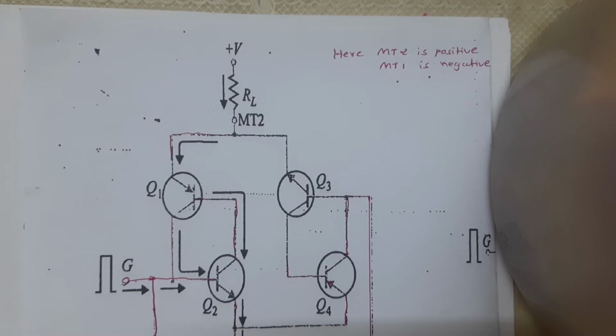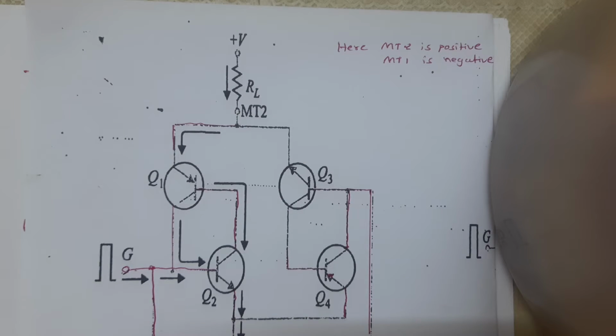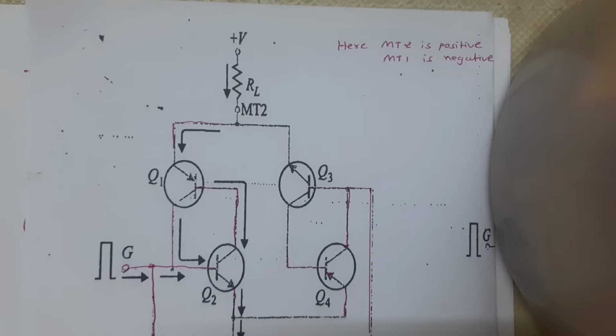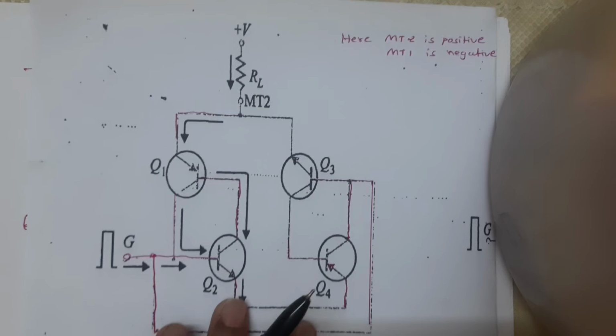Since a triac is equivalent to two SCRs connected in inverse parallel, as we already discussed in the last lectures in the initial introduction of the triac, it is built up with the help of two SCRs and each SCR is built up with the help of two transistors. So the transistors Q1 and Q2 constitute the equivalent circuit of SCR1.